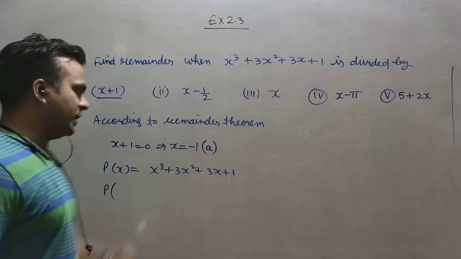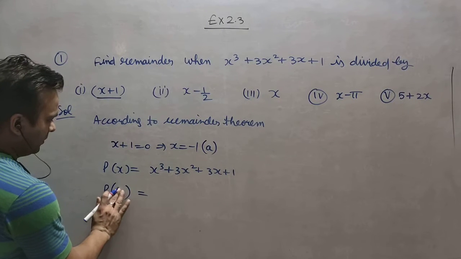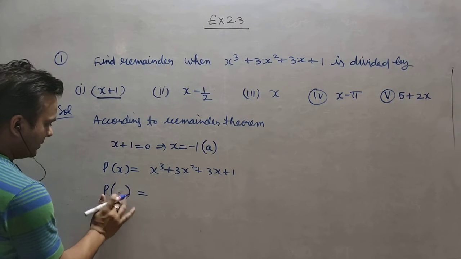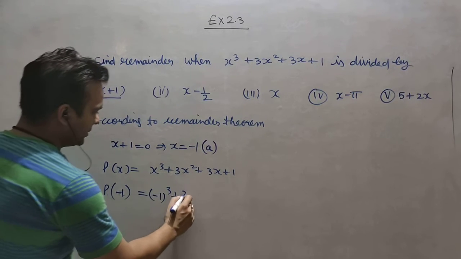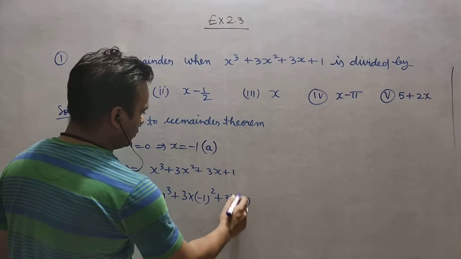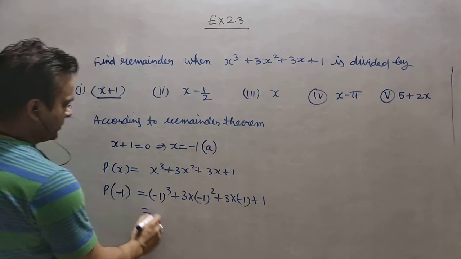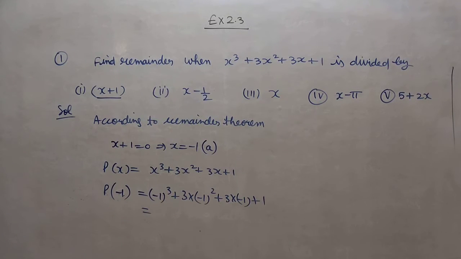This is the value of a, so I am putting minus 1 here. So it is minus 1 cube, 3 into minus 1 square, 3 into minus 1, and plus 1. Whatever value comes from here will be your remainder.